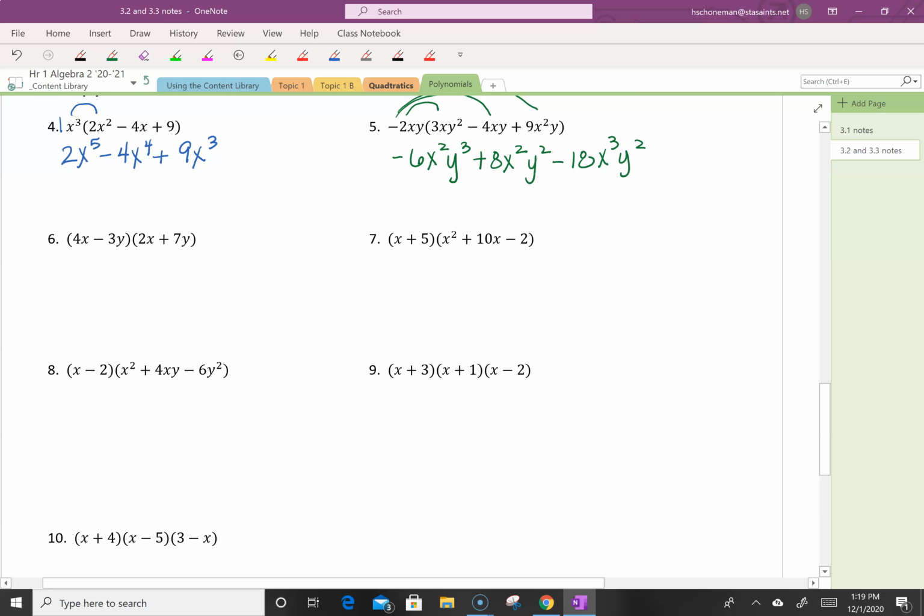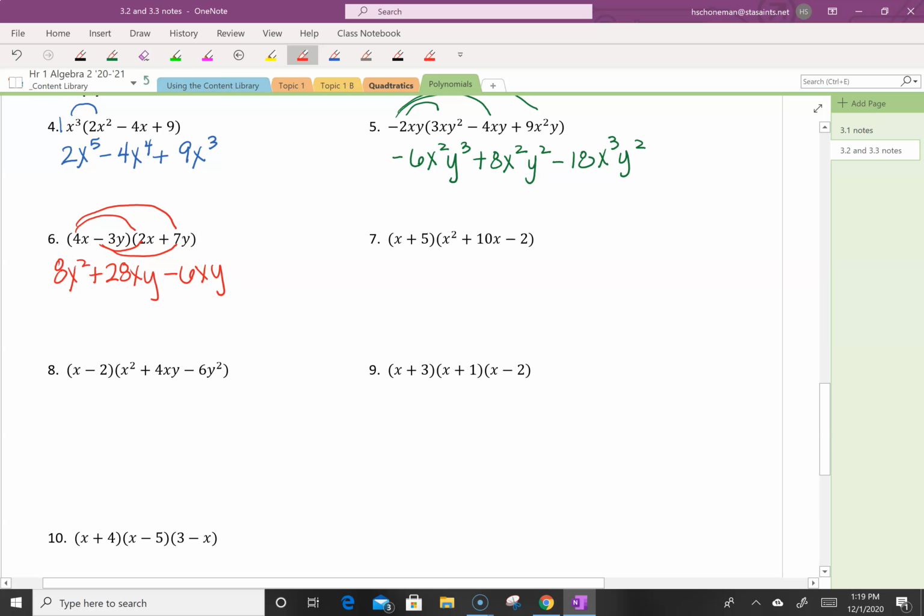This time, instead of having a monomial times a polynomial, now we have a binomial times a binomial. So 4x times 2x would be 8x squared. 4x times 7y would be 28xy. Negative 3y times 2x would be negative 6xy.